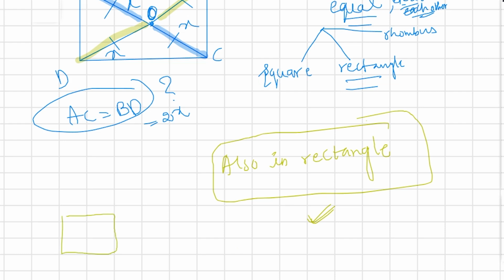And in square, diagonals bisect each other. This portion is equal to this portion is equal to this. All four parts are equal. For rhombus, this part is equal to this part. And this part is equal to this part.